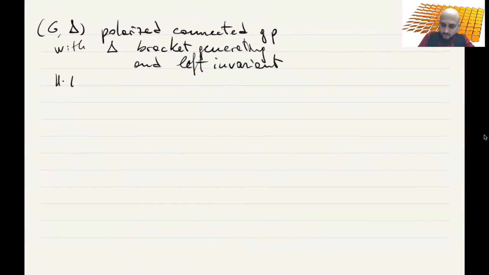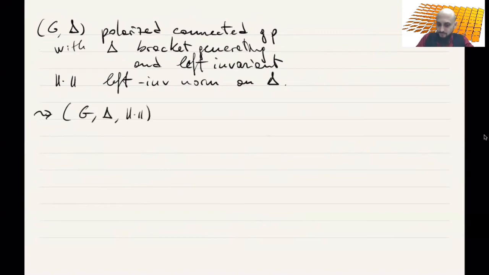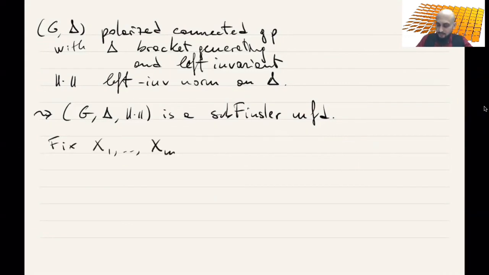Then we're going to have a left invariant norm on delta, and therefore the triple G, delta and the norm is a SubFinsler manifold. Let's revise now what the delta horizontal curves are for this SubFinsler structure. For simplicity, we fix delta 1, ..., delta m, a left invariant frame for delta.